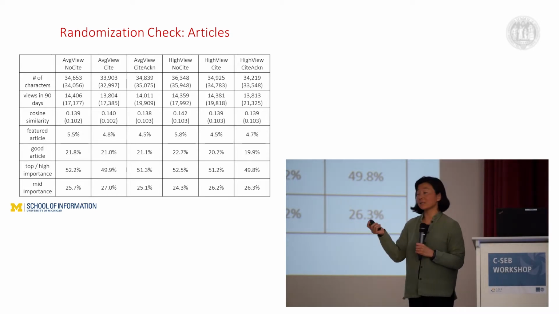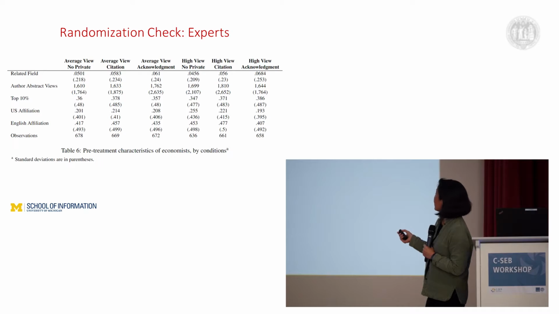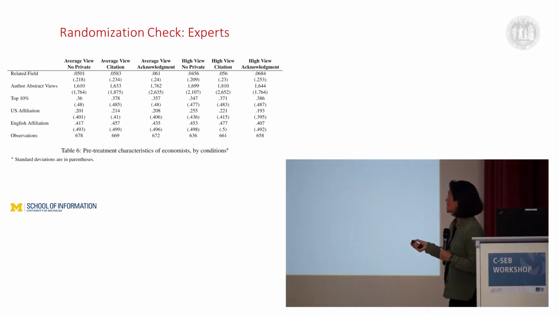So we randomized the articles and experts into these treatments, and they're fairly balanced. This is randomization on the experts level for each of the experimental conditions. Again, I apologize, this is probably too small for this distance. So they are, again, fairly balanced.